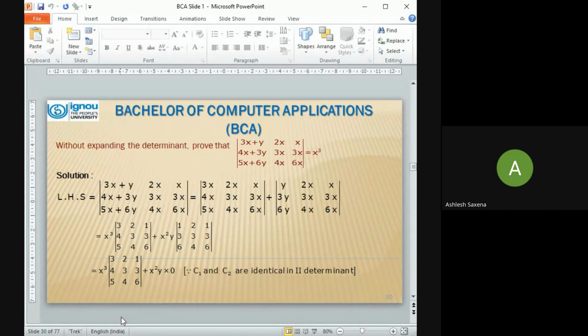What will I be doing? Now take out common. After taking out common, what is left? 1, 3, 6. I'm not touching the first one. I had taken y common, x common, x common. It becomes x square y. You are left with 1, 3, 6, 2, 3, 4, 1, 3, 6. These two are identical.